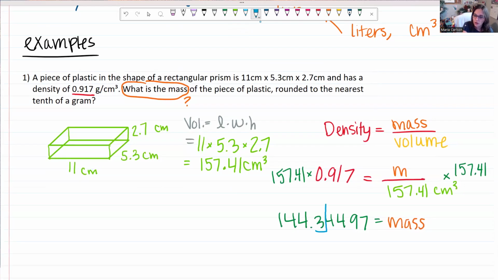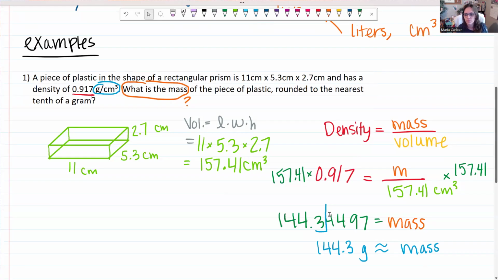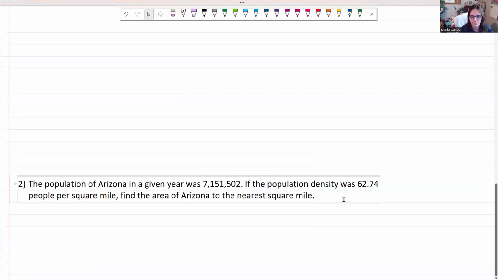After that is a 4. And the 4 is not large enough for us to round up, so our mass is approximately 144.3 grams. And again, it is grams because the density was listed as grams per cubic centimeter, and the volume is centimeters cubed.